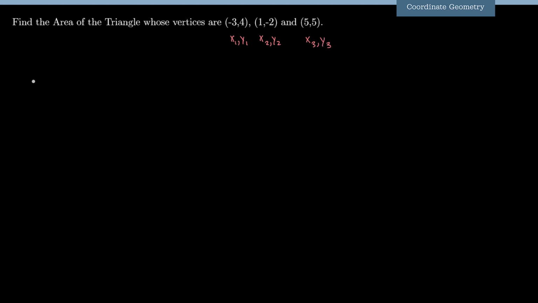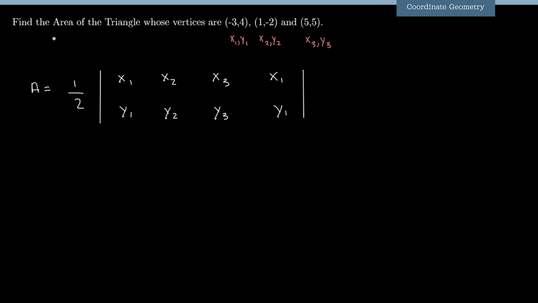The formula says that the area A is equal to 1 upon 2 times modulus and then the first coordinate x1, y1, then x2, y2, then x3, y3. Now after writing all the points, I'm going to rewrite the first point, which was x1, y1 and then modulus close. So this is my formula for the area of this triangle.